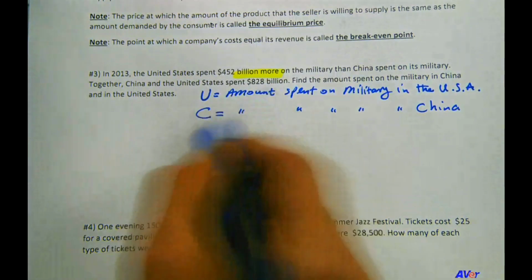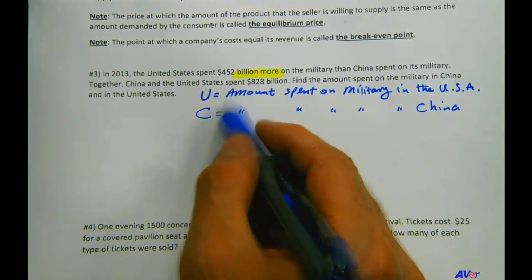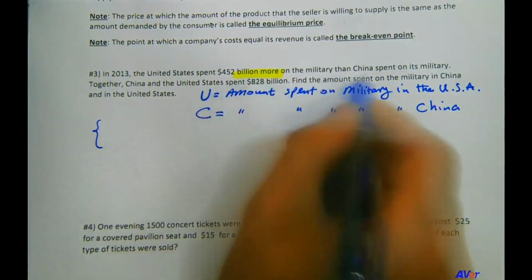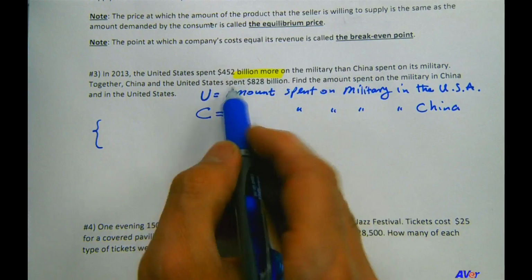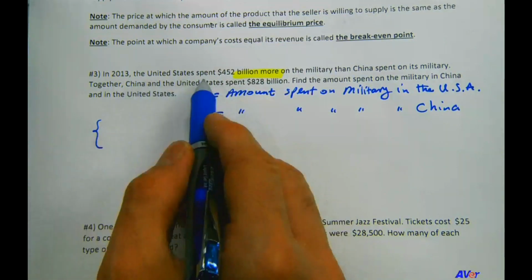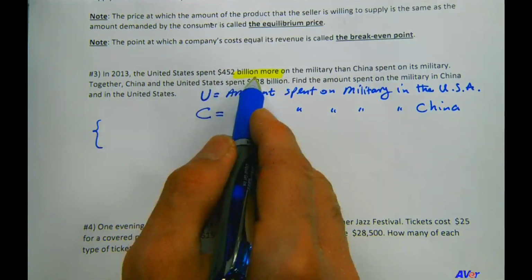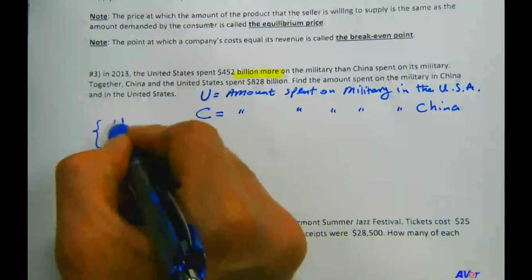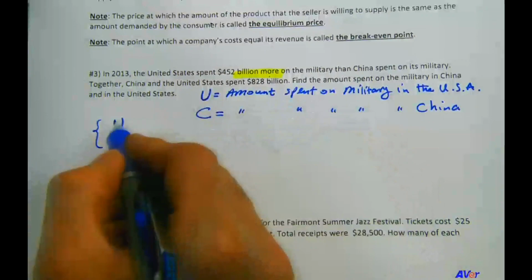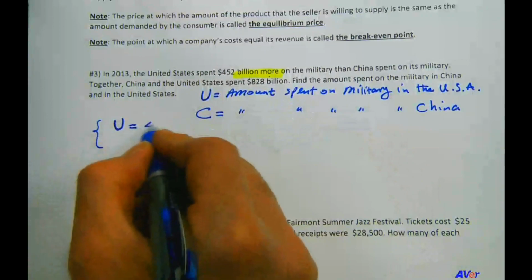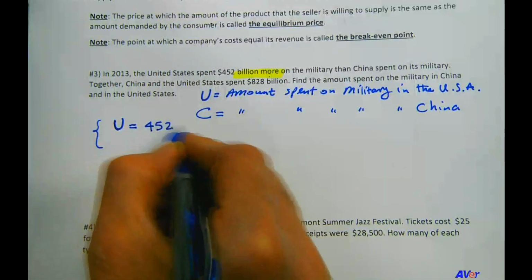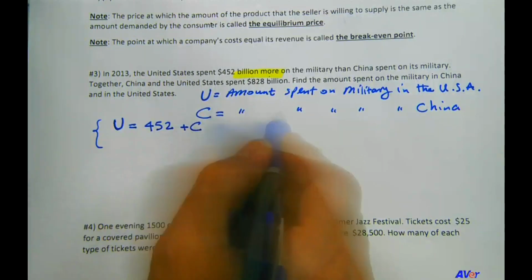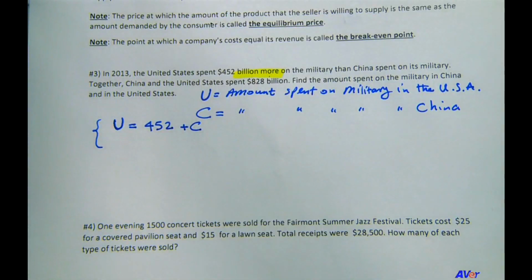Now what do we know? Once we have introduced these variables, let's translate the rest of the information. We know that the United States has spent this much more on the military than China. So U, the amount spent on military in the United States, is equal to 452 billion plus C, which is the amount that China has spent. So that gives us one equation.